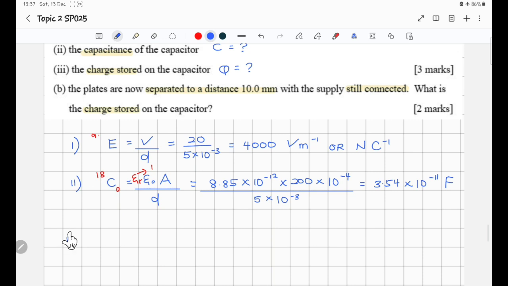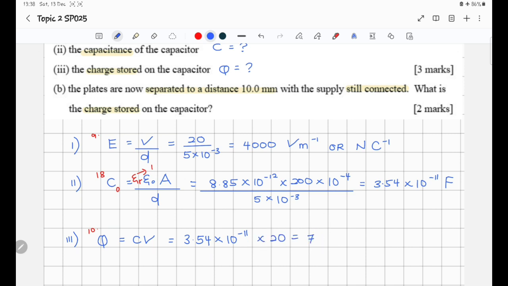Right, number 3, we have charge. Charge comes from equation number 10, the definition of capacitance, C equals Q over V, or Q equals CV. C here is the answer from previously. So if we did wrong there, it will affect part 3.